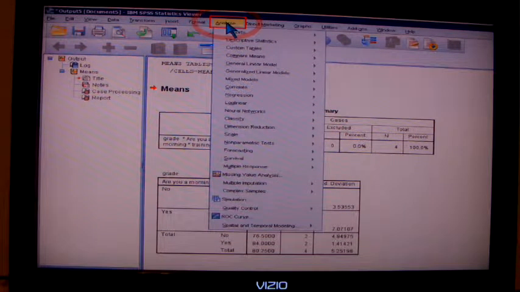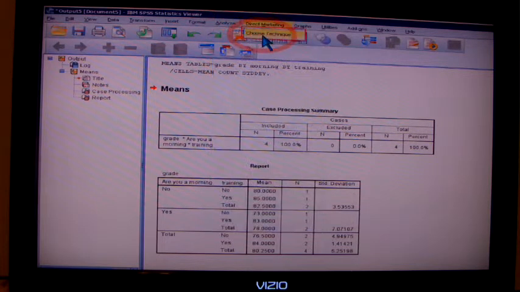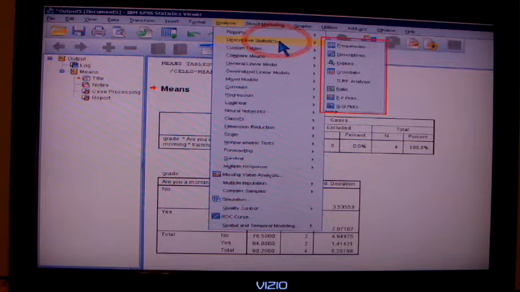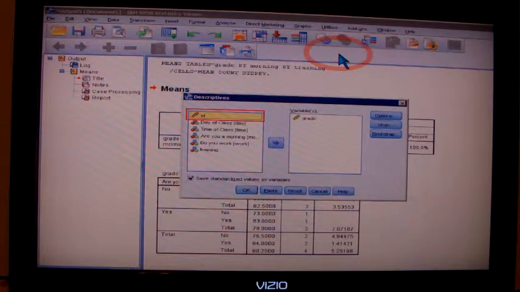Analyze. And then we go to descriptives. Whoops. Descriptives and descriptives. Okay, it has grade in there.